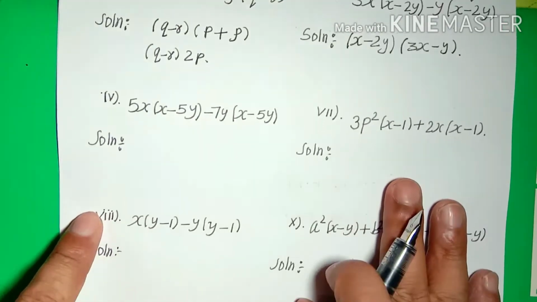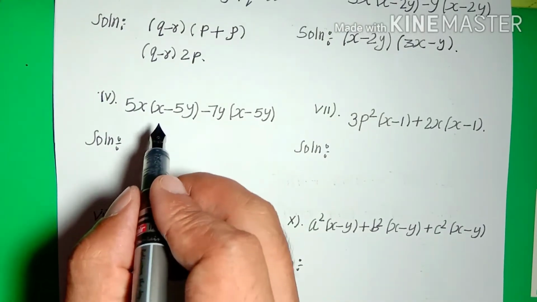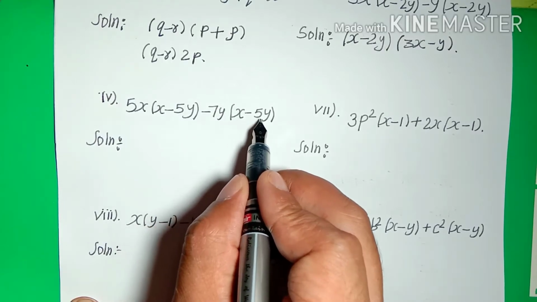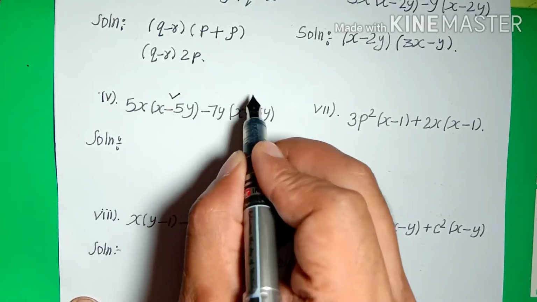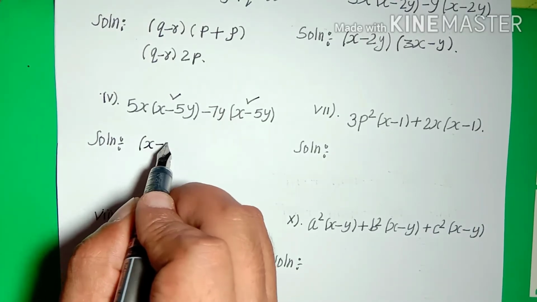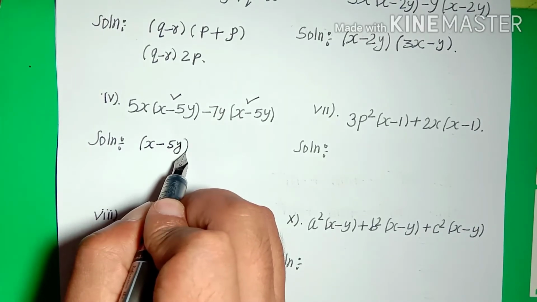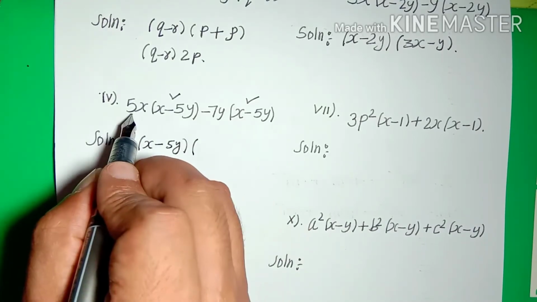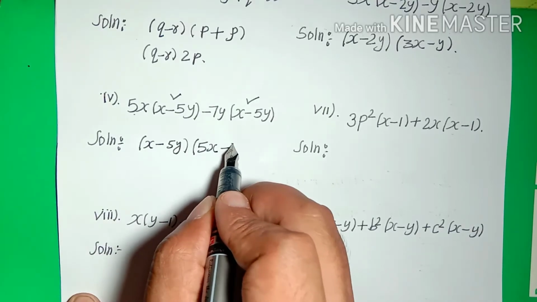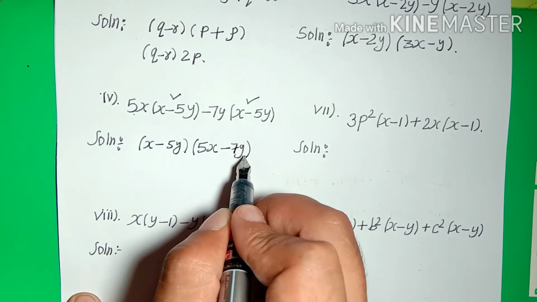Now the next one, that is the factor x minus 5y. Even here x minus 5y, these two are the same, so we take it common. That means you'll have to just take one of it, x minus 5y. After that you'll have to collect back the term 5x, and here we have minus 7y.